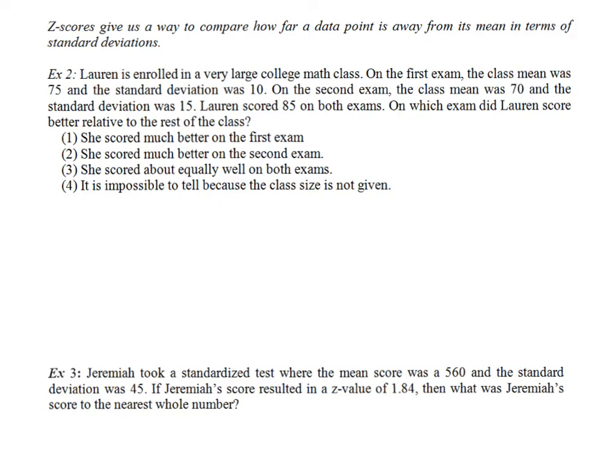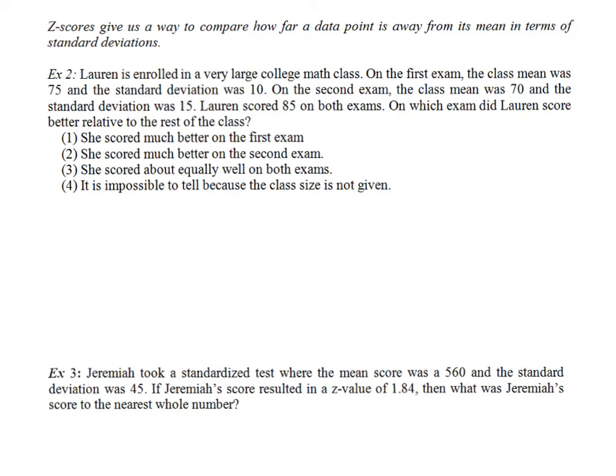This next example, number 2, allows us to see the importance of z-scores. Z-scores are really very helpful anytime I have a comparison where the standard deviations and the means don't match. I can still find out how well a student did on a test, for example, by basing it on the z-score. So in example number 2, it says that Lauren is enrolled in a very large college math class. On the first exam, the class mean was 75 and the standard deviation was 10.